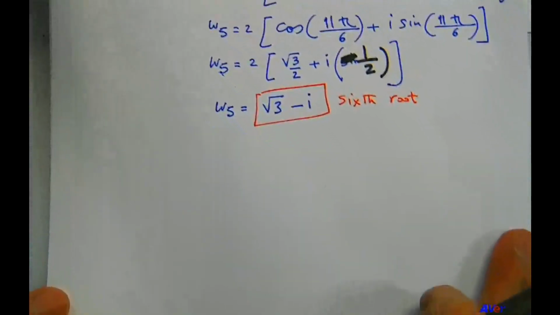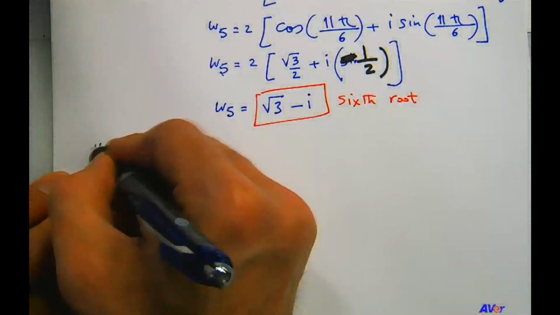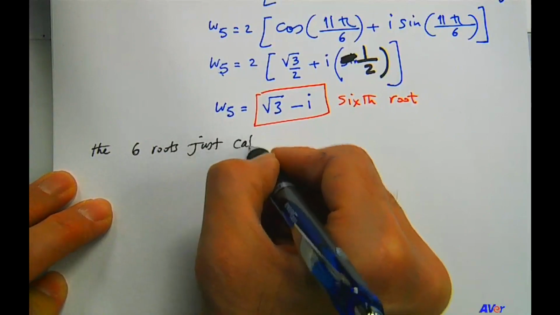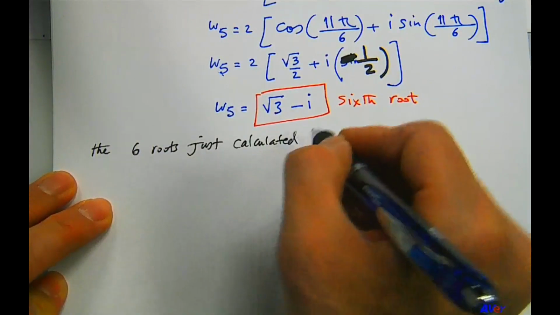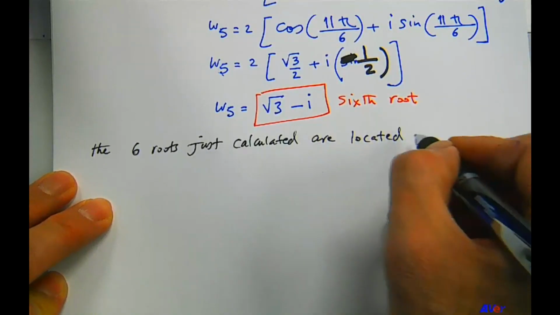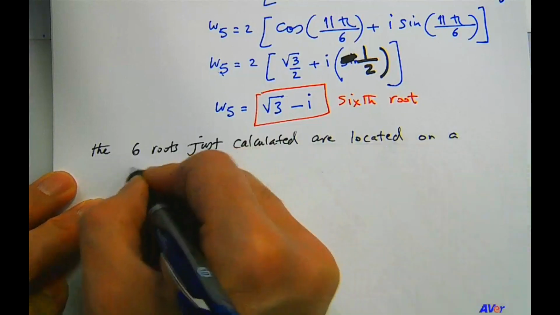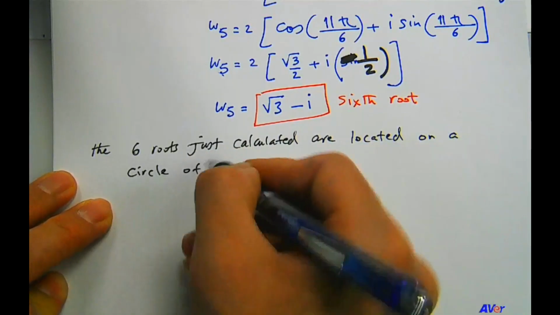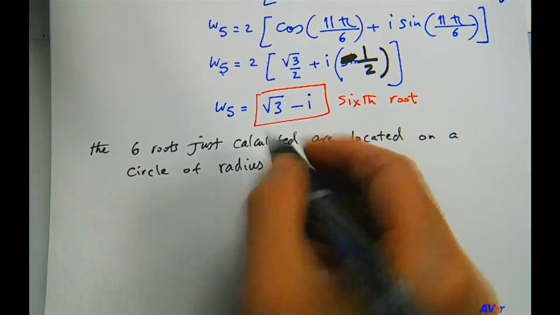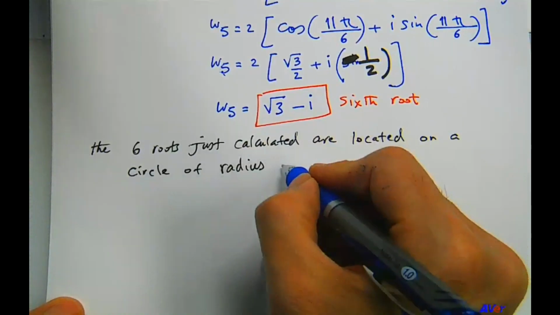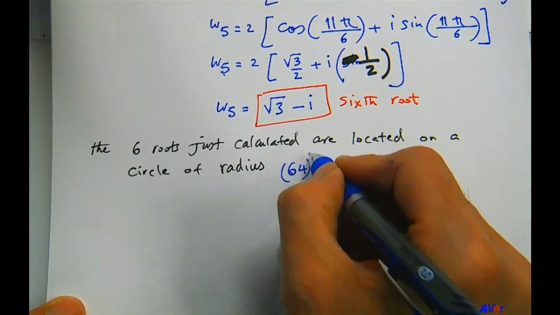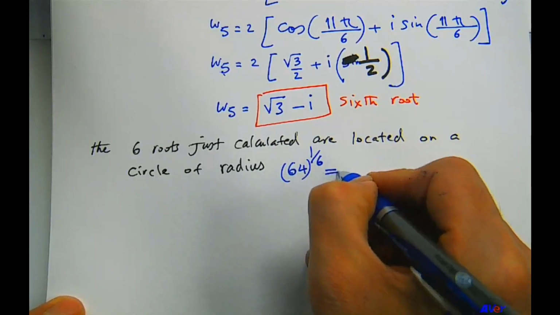I'll make a note here that the 6 roots just calculated are located on a circle of what radius? Do you remember? Radius 2. Where did the 2 come from? It came from 64 raised to 1 over 6 power equals 2.